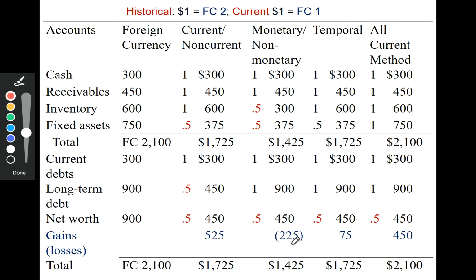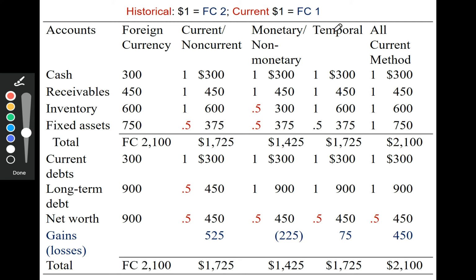Again, unusual volatility, very much dependent on the whim of the regulatory agency, and of course it's something that would hurt the company. This amount, and of course the units could be millions of dollars, goes into the income statement and they would have a 225 loss in their profit.